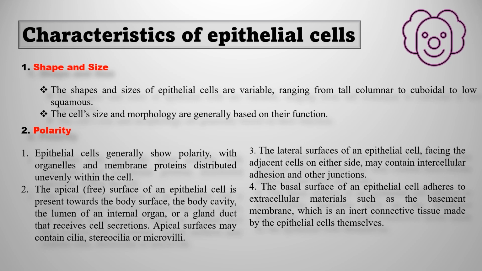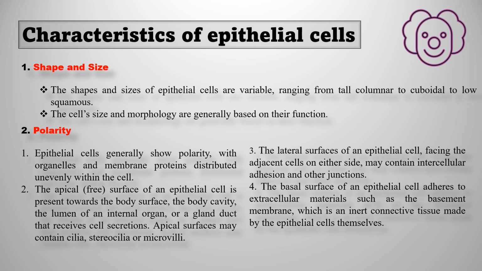Polarity is the second characteristic. We know that the epithelial cells generally show polarity, with organelles and membrane proteins distributed unevenly within the cell. The apical, or free surface, of an epithelial cell is present towards the body surface, the body cavity, the lumen of an internal organ, or a gland duct that receives cell secretions.